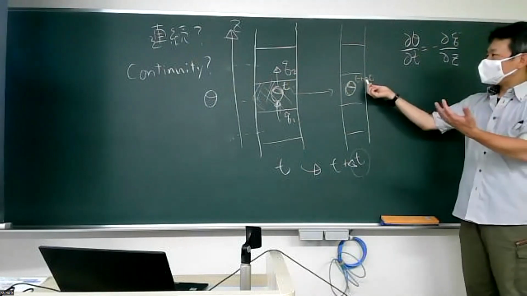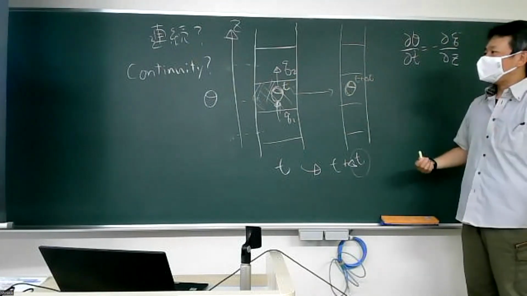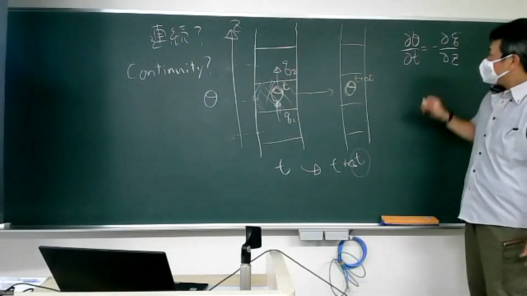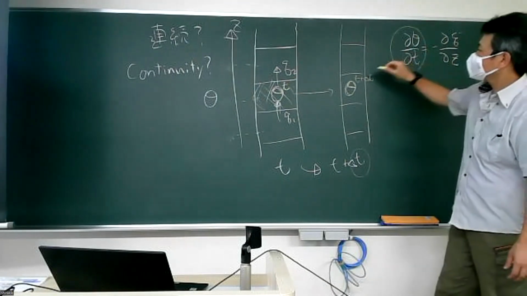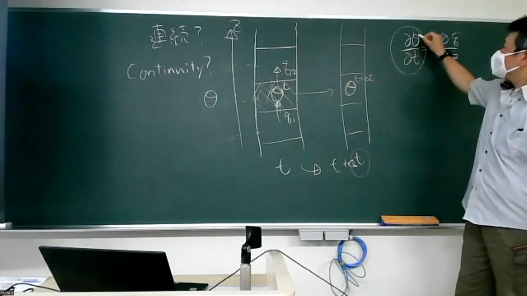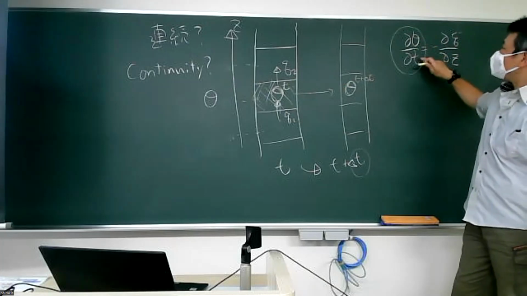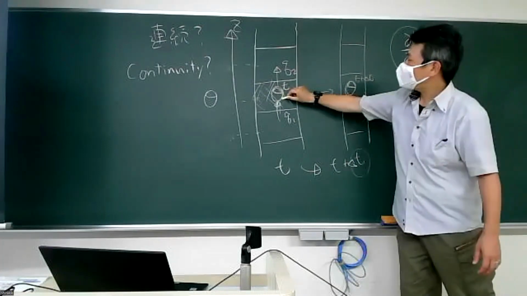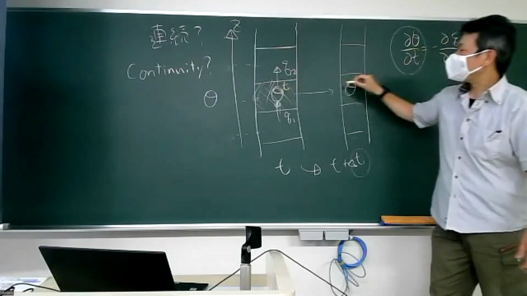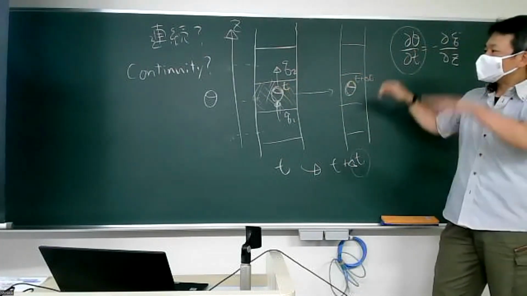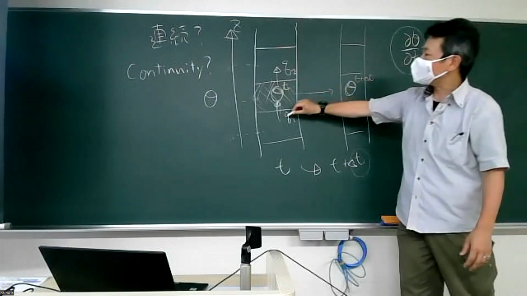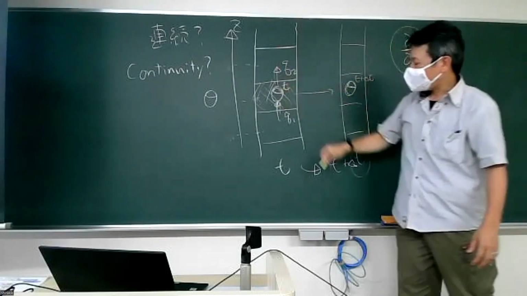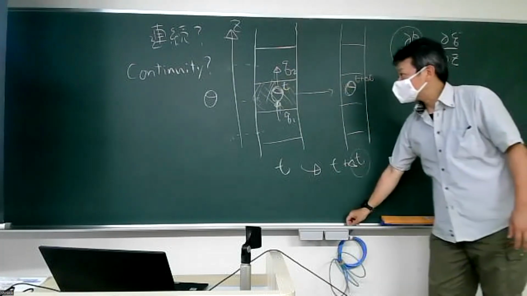This water content is theta, and theta at t plus delta t, just one delta t time step forward, and this means theta is changing with time. So sometimes theta will be reduced or increased because of the boundary water flux.